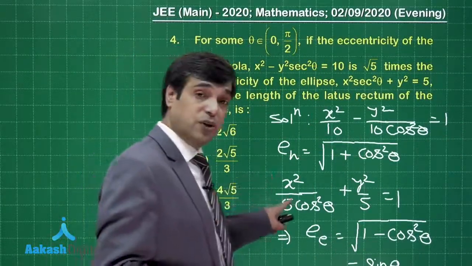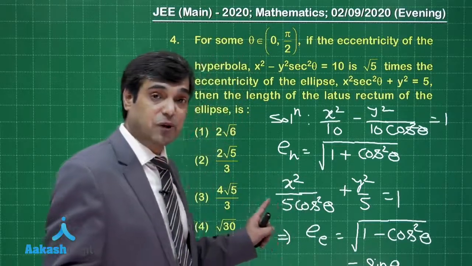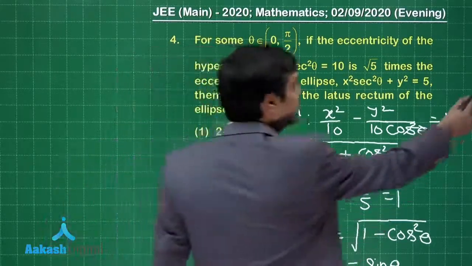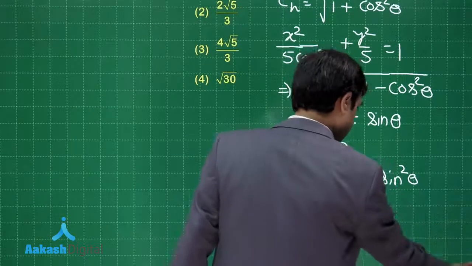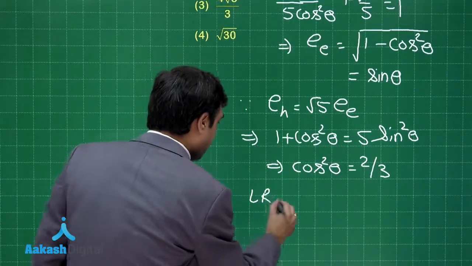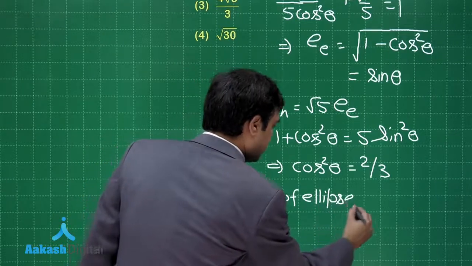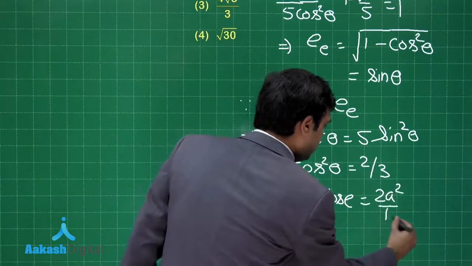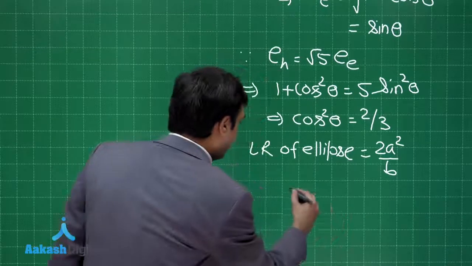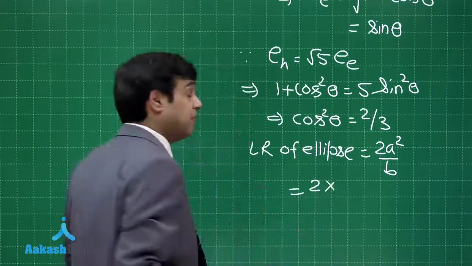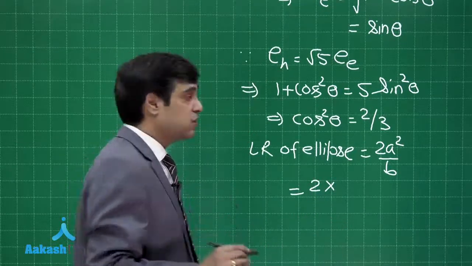This is the equation of ellipse. Length of latus rectum for this ellipse will be 2a square by b, LR of ellipse. 2a square by b, so this is equal to 2 multiplied with a square, that means 5 cos square theta.